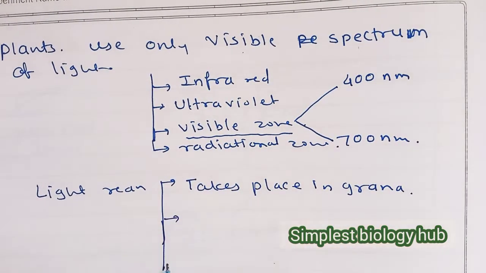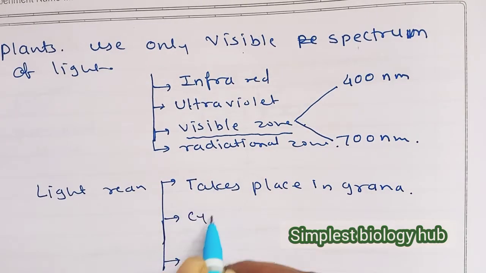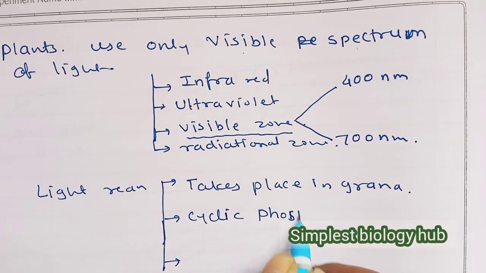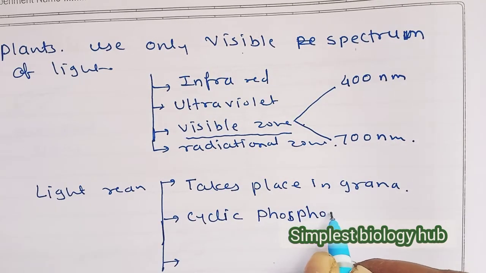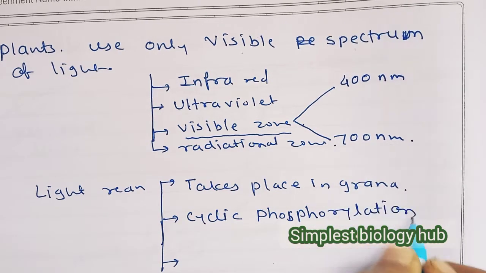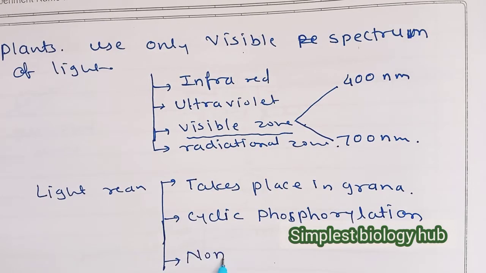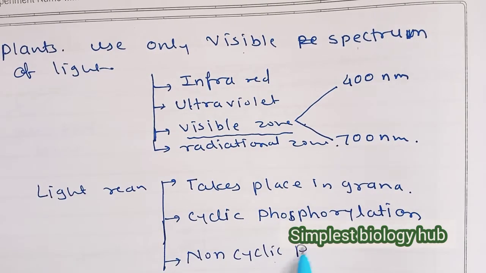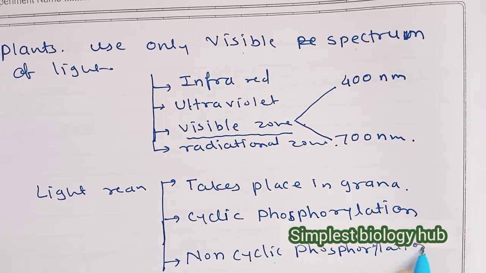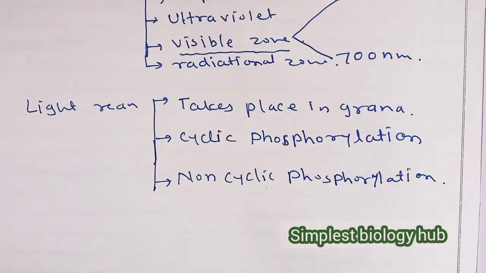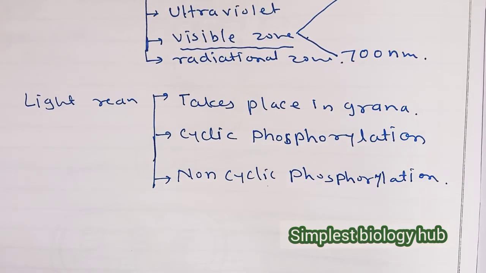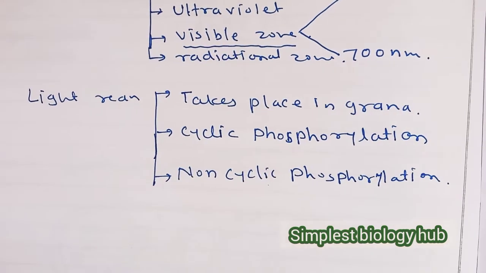It is of two types: cyclic phosphorylation and non-cyclic phosphorylation. These are the two reactions of the light reaction. About the cyclic phosphorylation and non-cyclic phosphorylation we will talk in the next video.